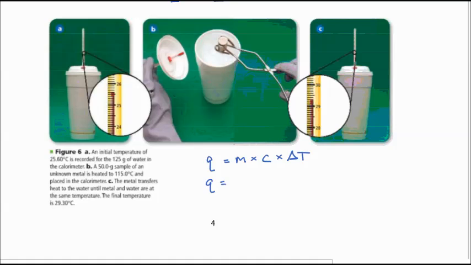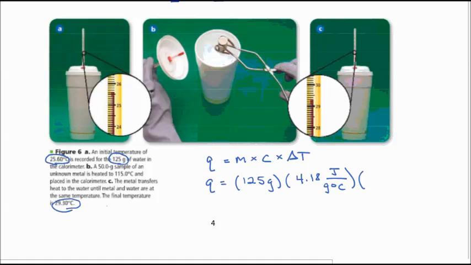So Q is equal to the mass of the water, 125 grams, the specific heat of water from table B, 4.18 joules per gram degree Celsius, and we need to know the change in temperature of the water, not the metal, the water.